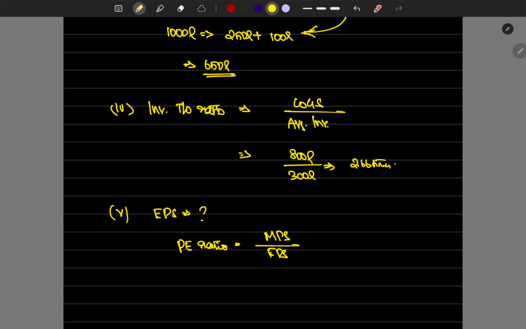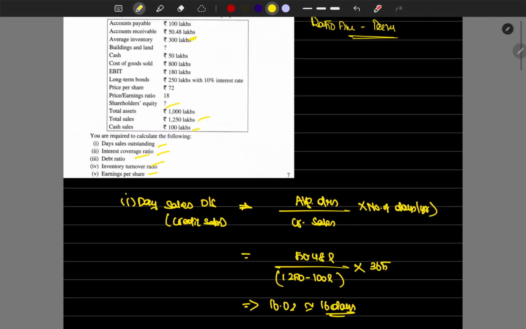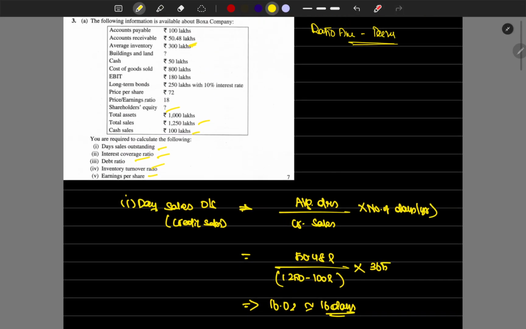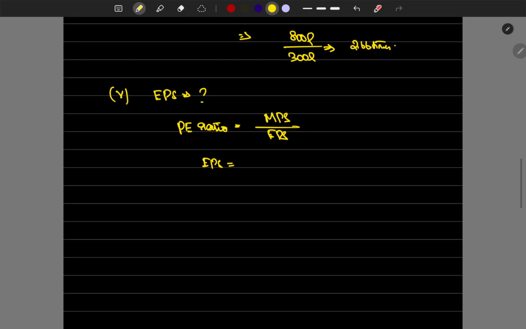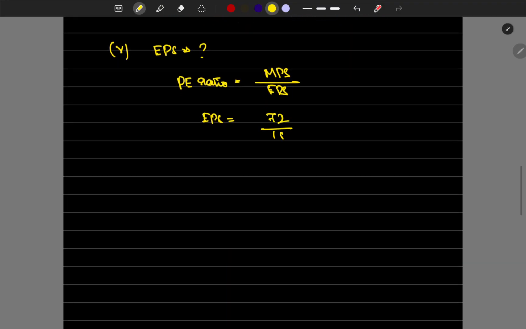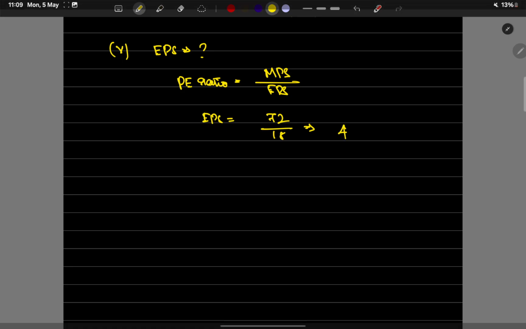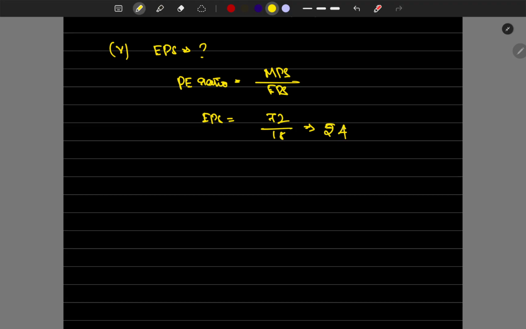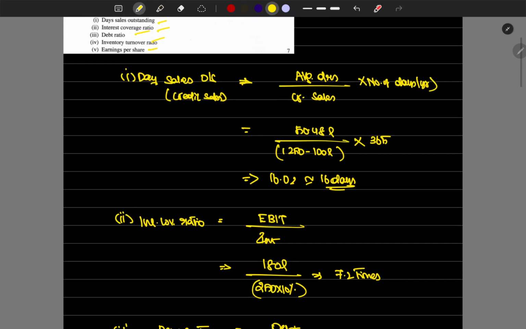Market price per share is 72, and the price earnings ratio is 18. So 72 divided by 18 gives EPS of rupees 4. So we have found everything.